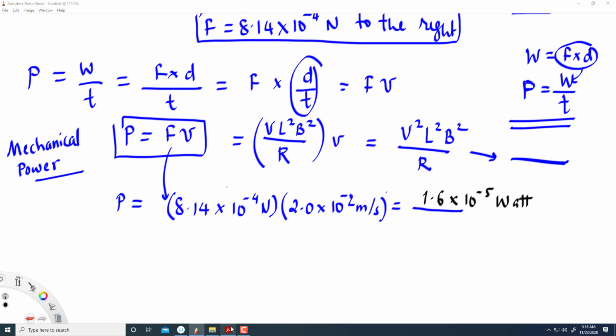Now the third one is the electric power. It's asking at what rate the energy is generated.